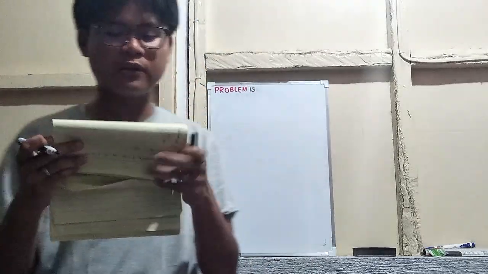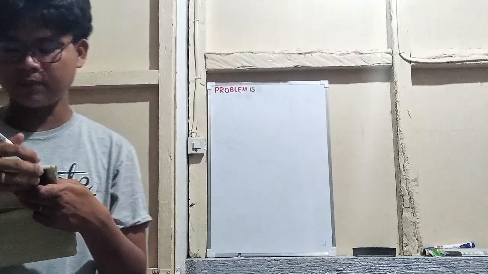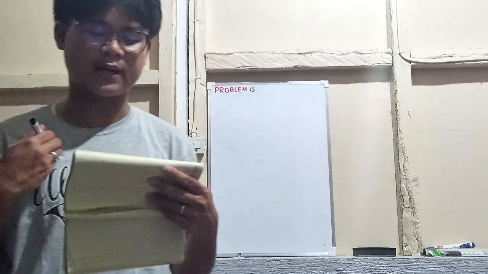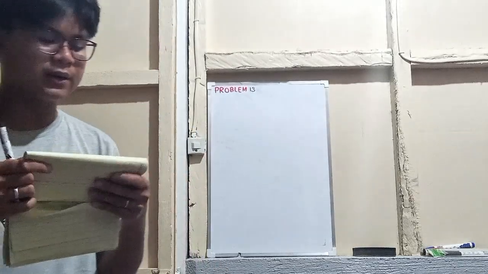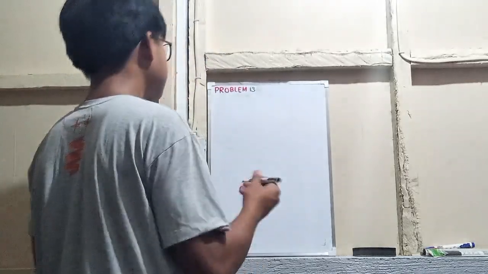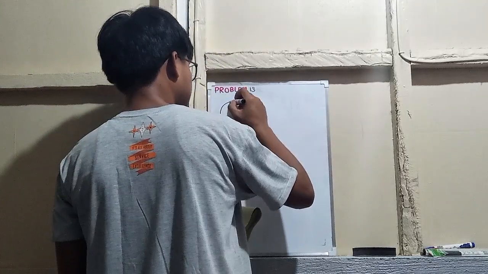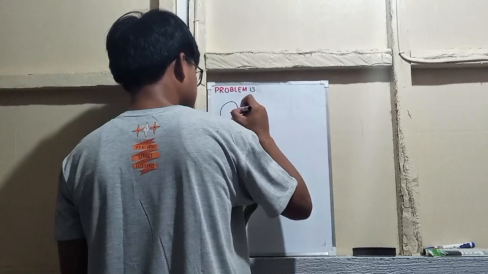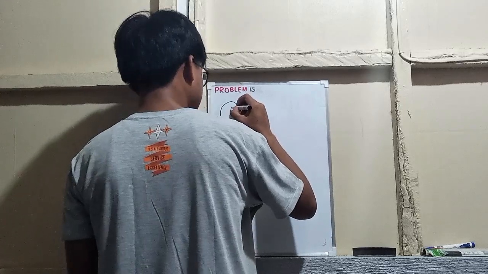A sphere's volume is increasing at 100 centimeter cubed per second. How fast is the radius increasing when the radius is 10 centimeter? So first we'll draw the sphere. Then we have the radius as 10 centimeter.